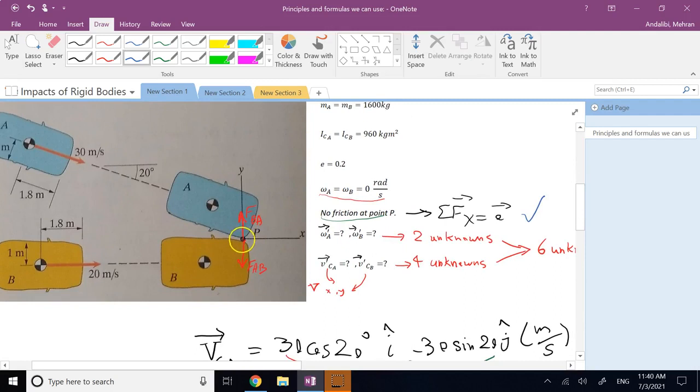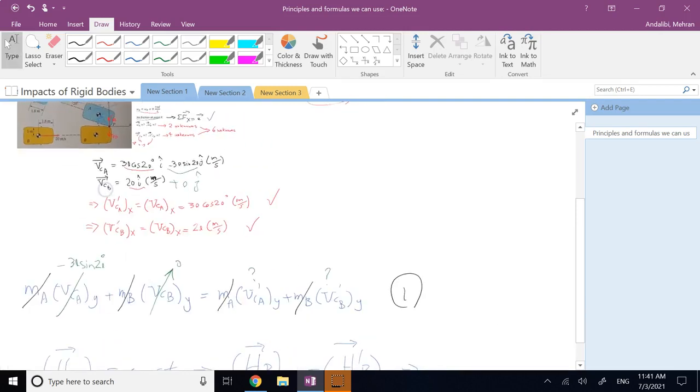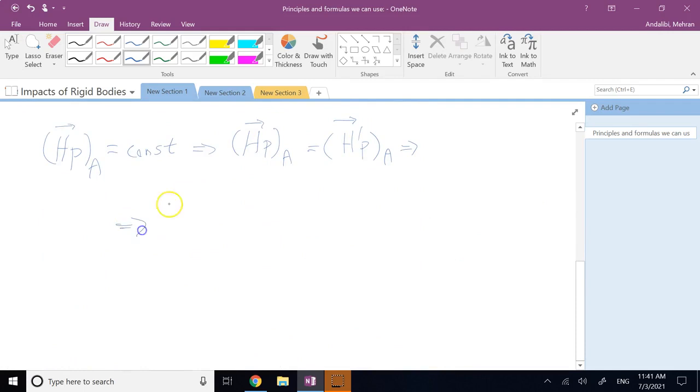Well, angular momentum about point P can be written as angular momentum about point C, plus, if you assume the whole mass is here and the velocity is V of C, the linear momentum is m V of C, and this term R of C with respect to P, if you cross it times m V of C, that is the momentum of C with respect to P. If you add the angular momentum due to I of C times omega to it, then the sum of those will be the angular momentum about P.